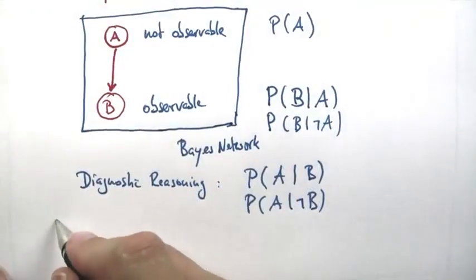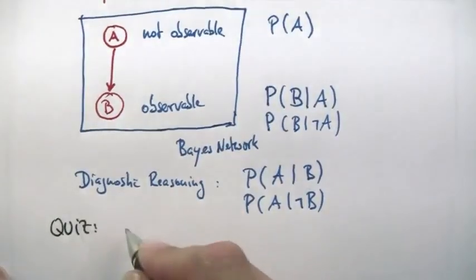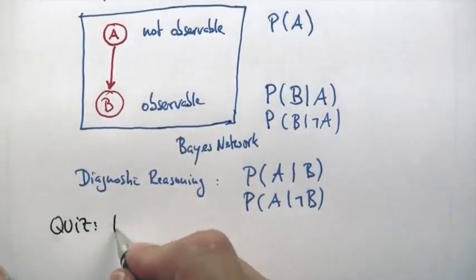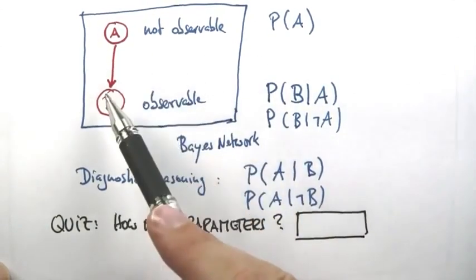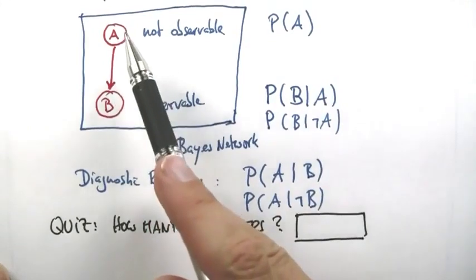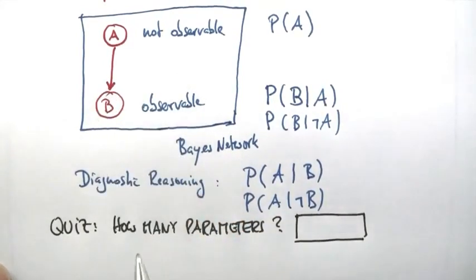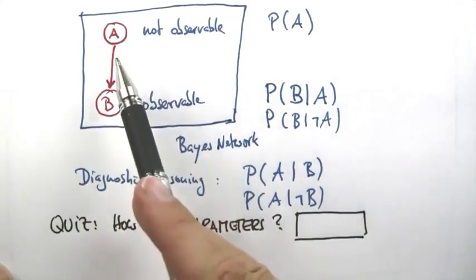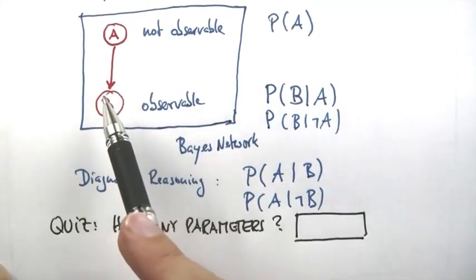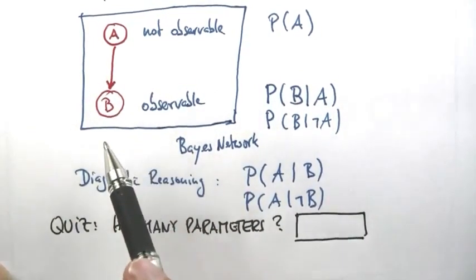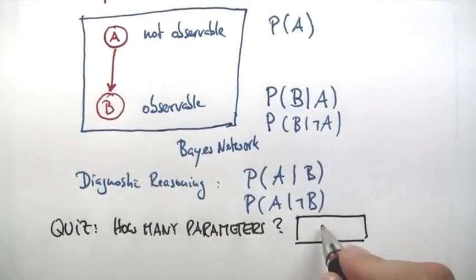Now I do have a quick quiz for you. How many parameters does it take to specify the entire joint probability between A and B, or differently, the entire Bayes network? I'm not looking for structural parameters that relate to the graph over here. I'm just looking for the numerical parameters of the underlying probabilities. And the answer is 3.